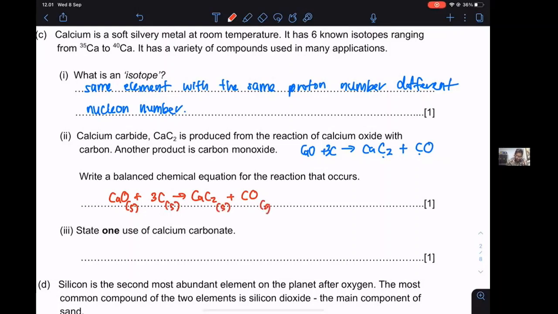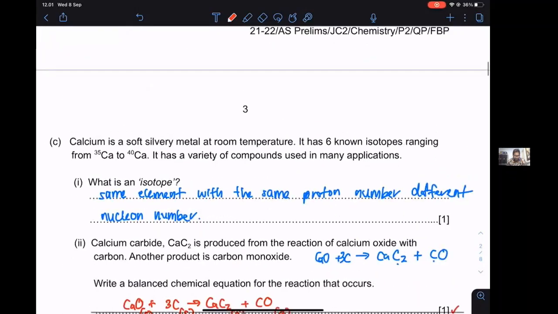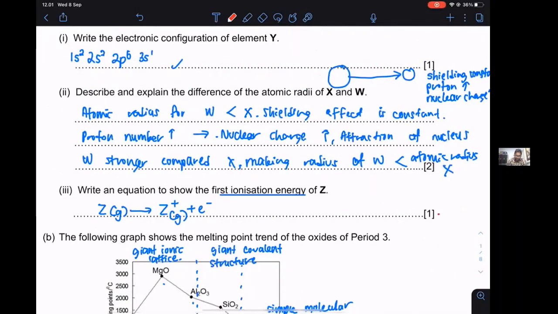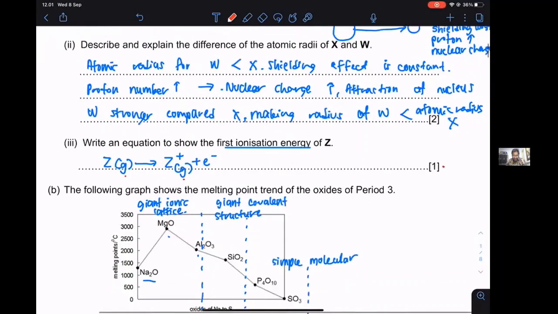This one is going to be gas or something like that. If you have 2 marks, it is compulsory, you must write the state. For 1 mark, maybe they're flexible a bit, but do not take any chances. If you took chances over here and you don't give this gas, you will get 0 mark. So be very careful. Don't take any chances.